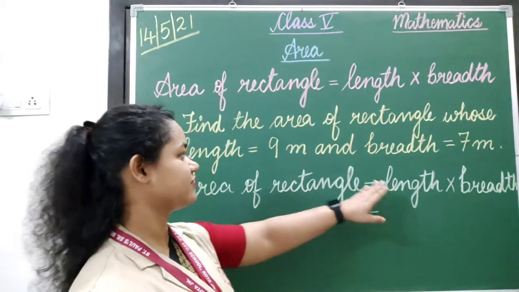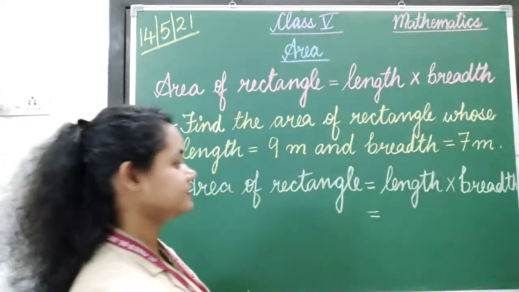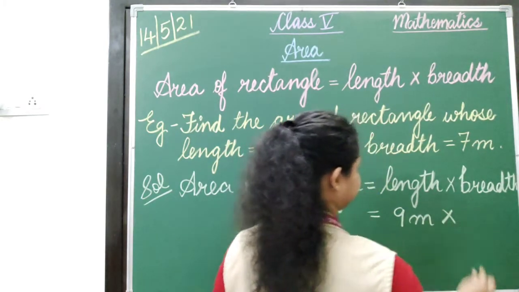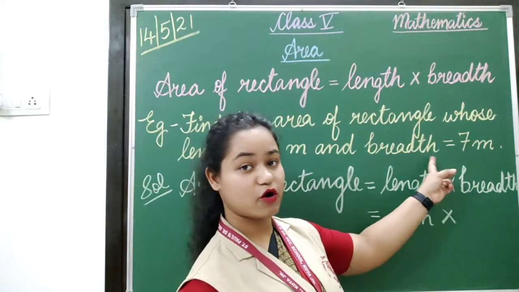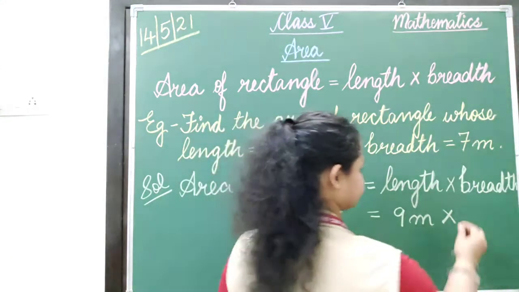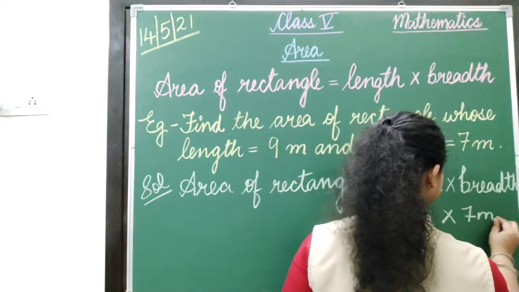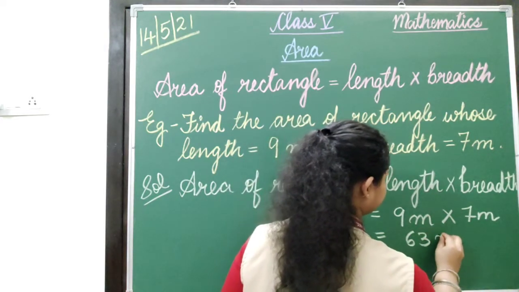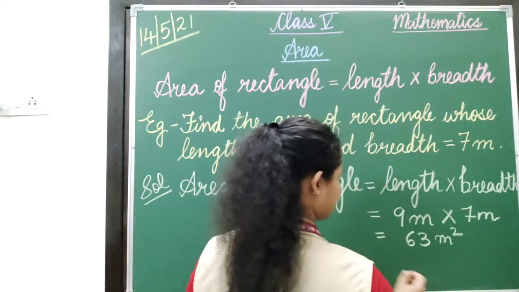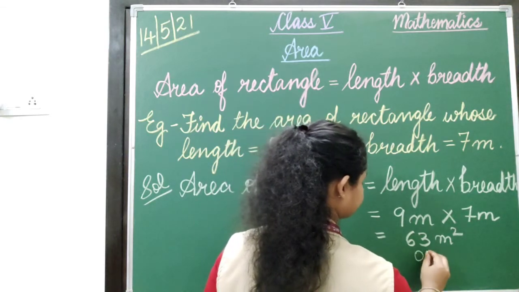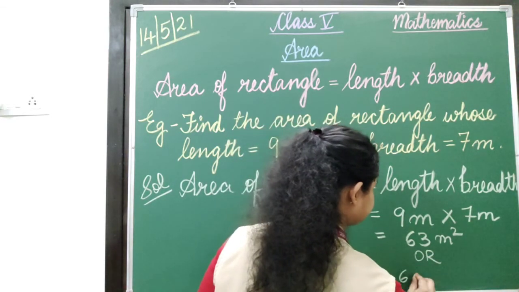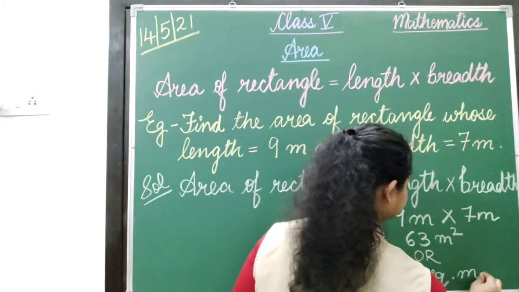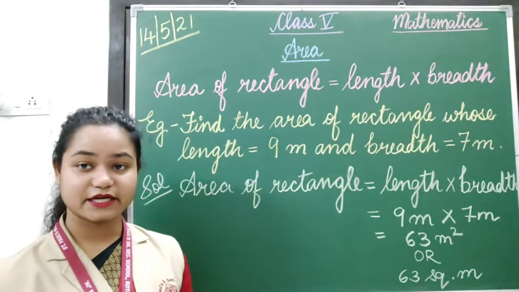What is the length given here? 9 meters multiplied by breadth is how much? 7 meters. 7 meters. So 9 sevens are 63 meters square or 63 square meters. Yes? Understood?